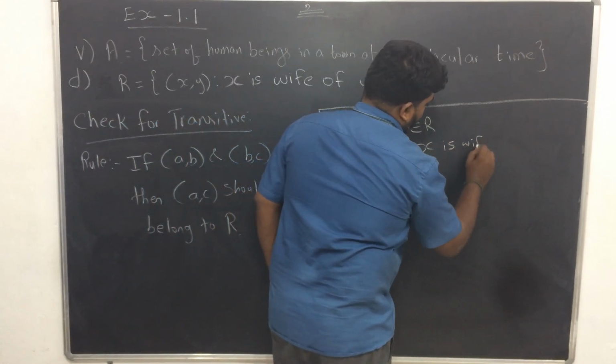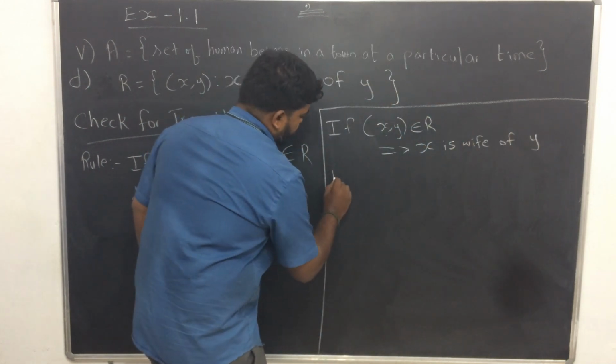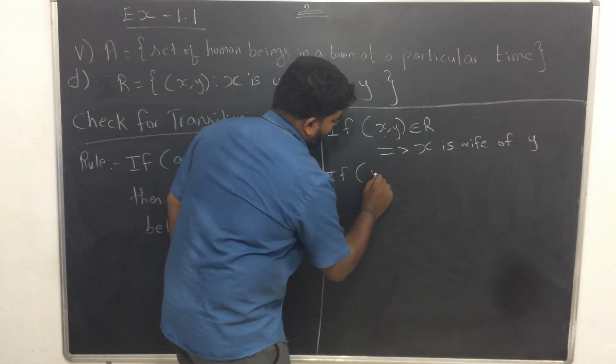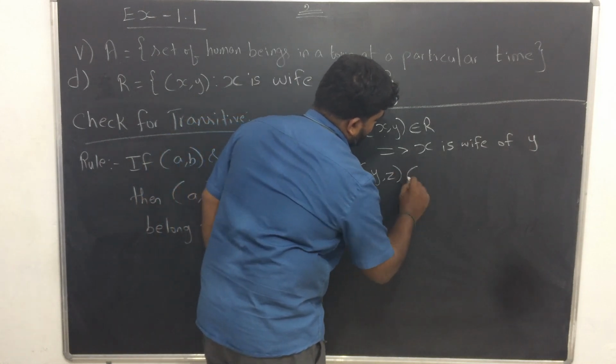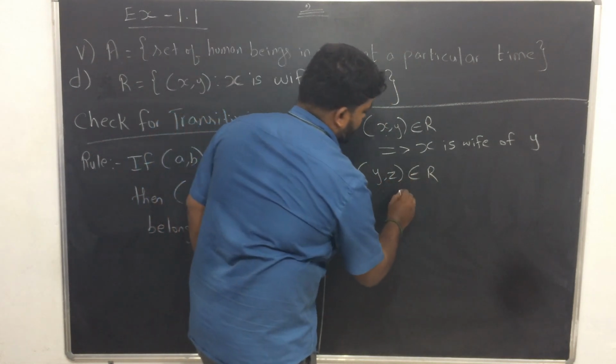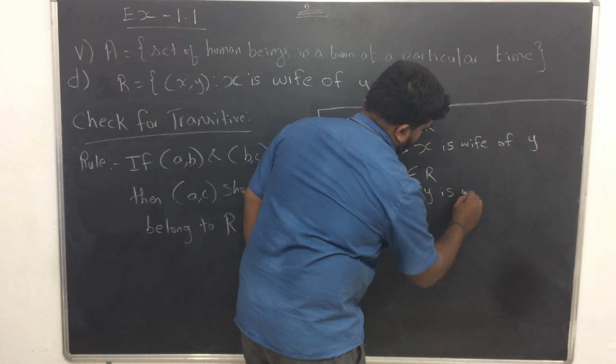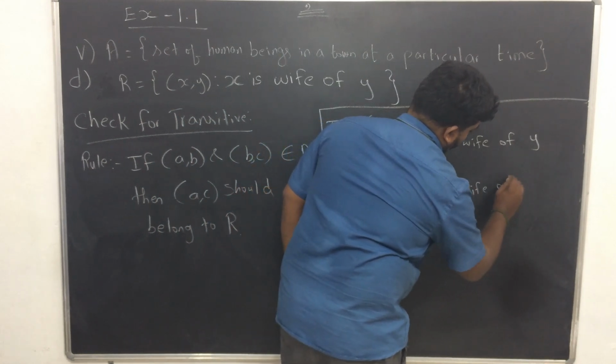Then if I am assuming (y, z) is also in the relation, if (y, z) belongs to R, then this implies that y is wife of z.